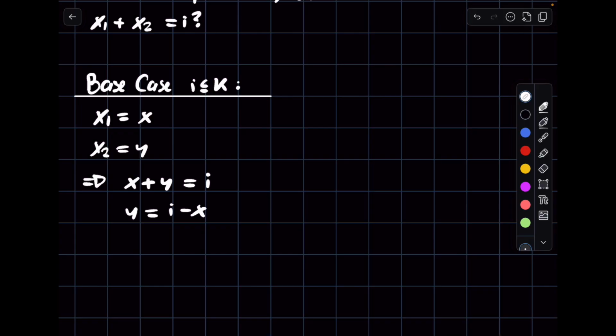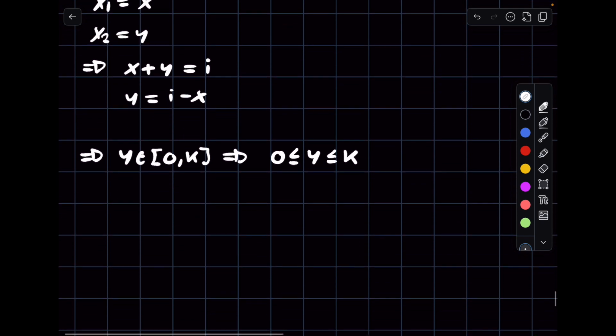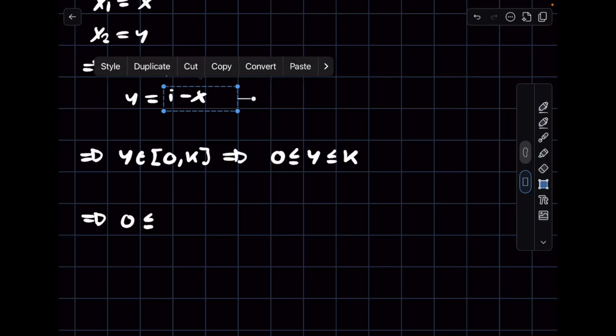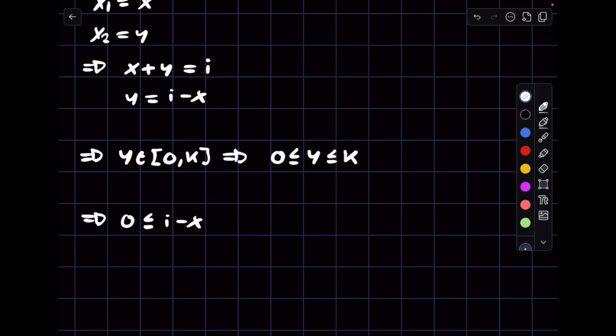And now we know for a fact that y is between 0 and k, meaning that we can put this definition into here, right? Like so. Not too shabby, not that difficult.